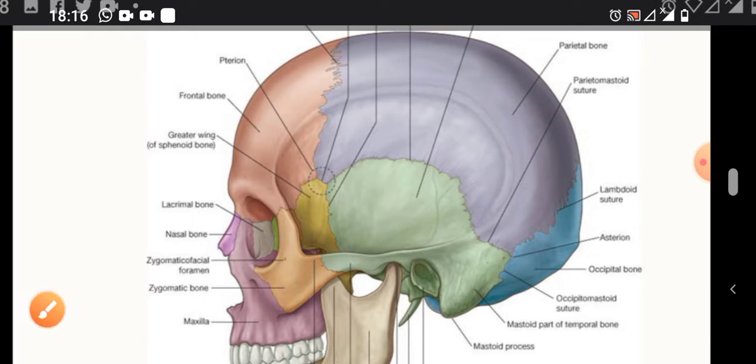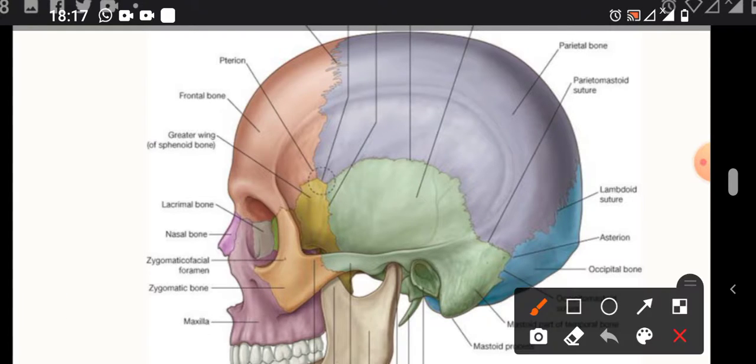The anterior root passes medially in front of the articular tubercle. The articular fossa, which is also called the mandibular fossa, is where the temporomandibular joint is formed.